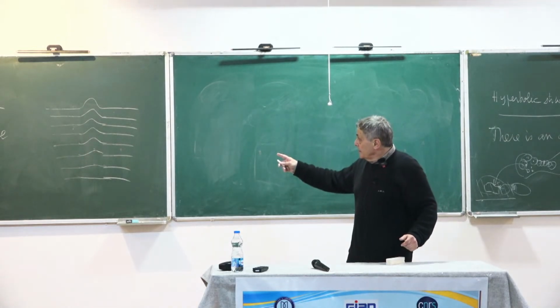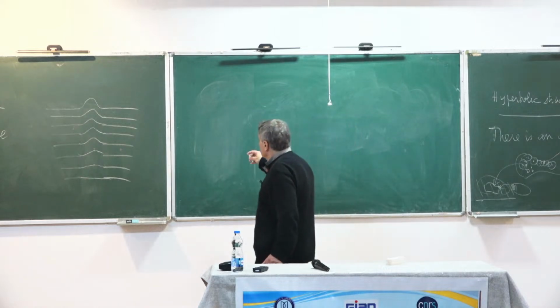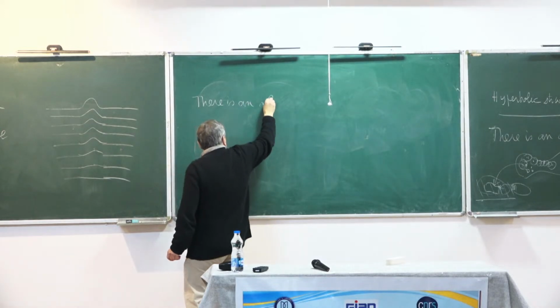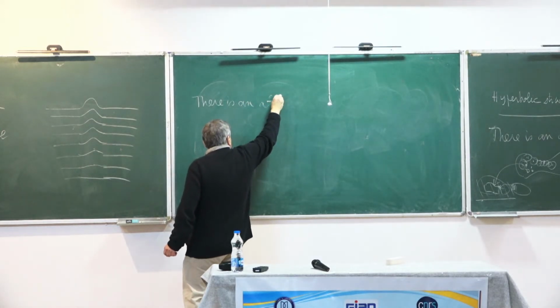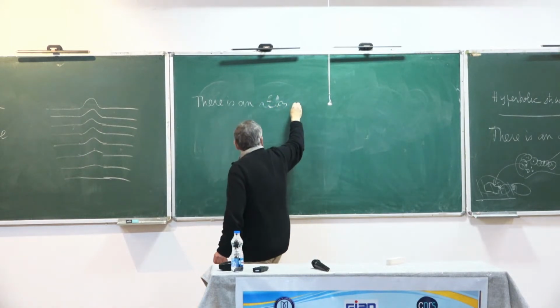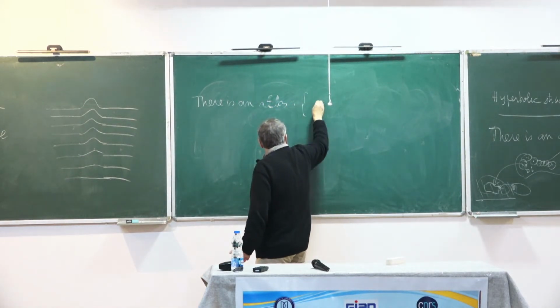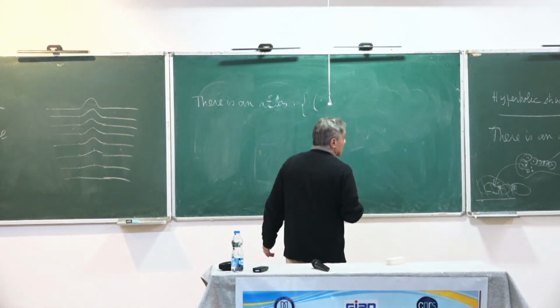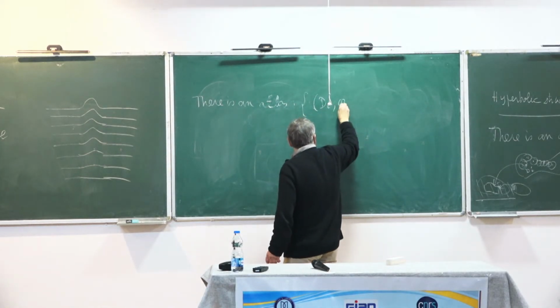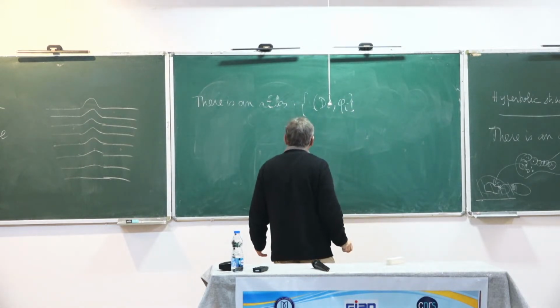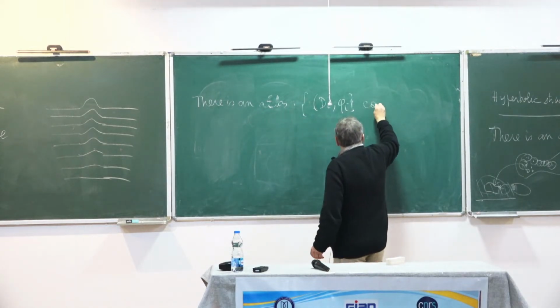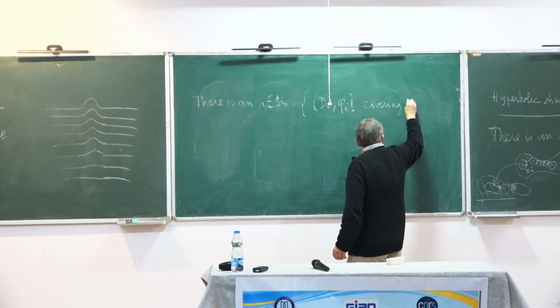So for a foliation, there is an atlas covering the surface.